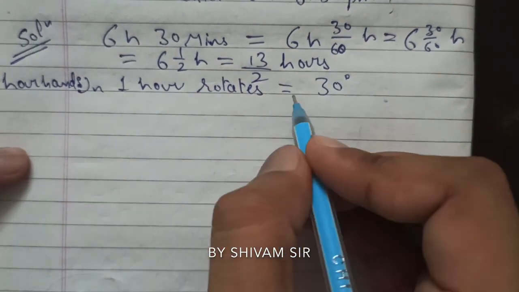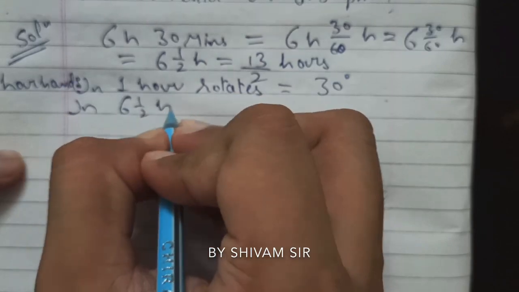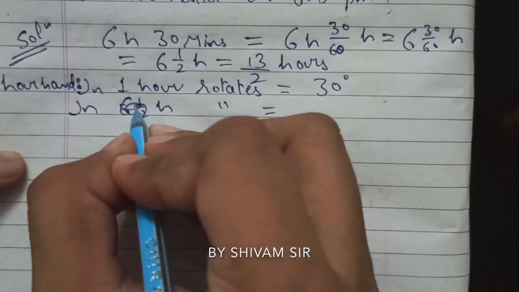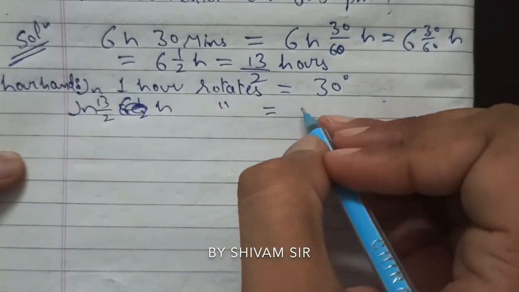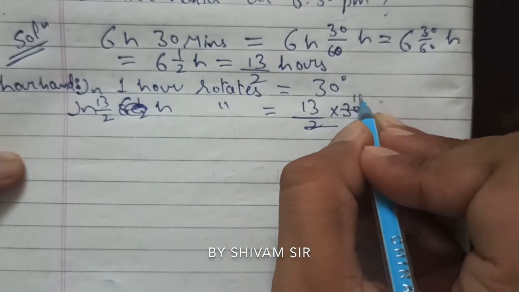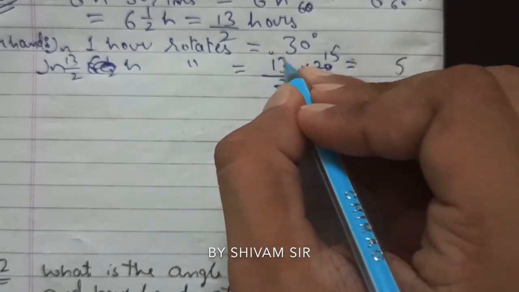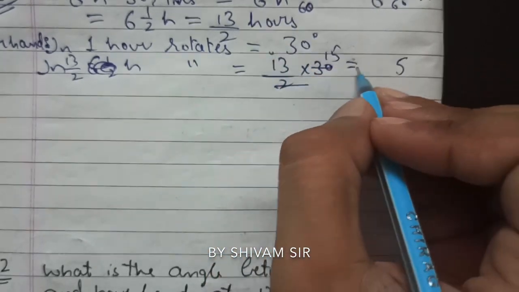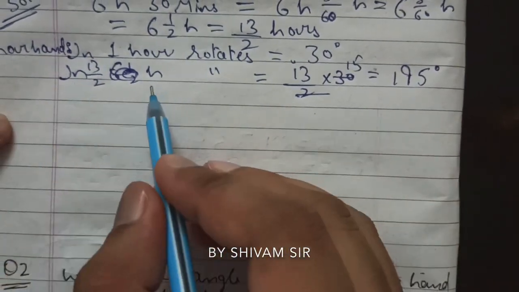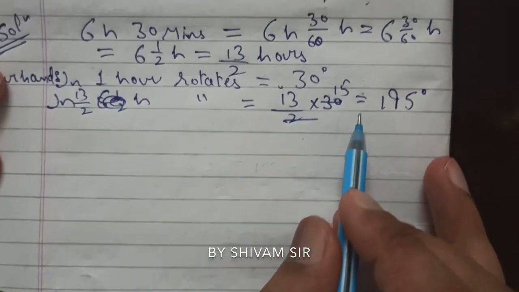So in 6.5 hours, which means 13 upon 2 hours, it will rotate 13 upon 2 multiplied by 30, right? 15 multiplied by 13: 15 times 3 is 45, 5 and 4; 15 times 1 is 15, 15 and 4, 19. So 195 degrees. So in 13 upon 2 hours, the hour hand will rotate 195 degrees, which means what?